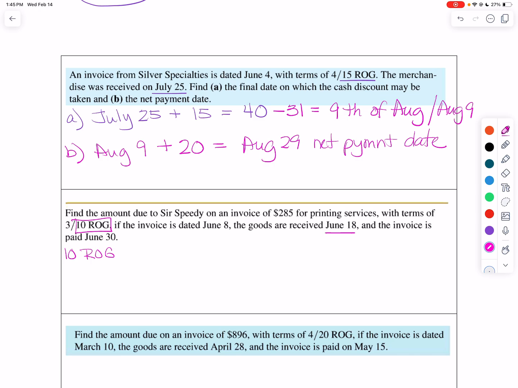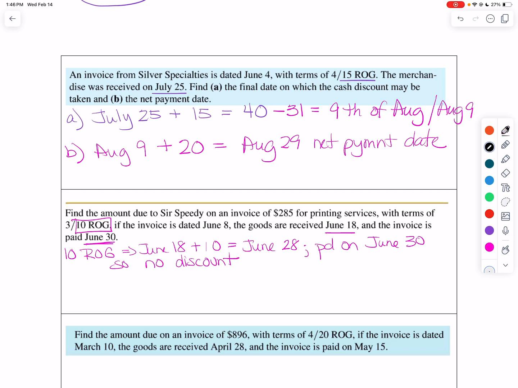And so we take June 18th when we receive the goods, and we add 10, and that gives us June 28th. But they paid on the 30th, okay? Paid on June 30th, so no discount.